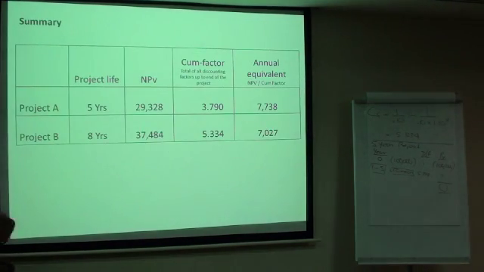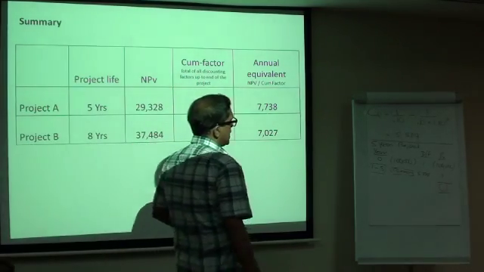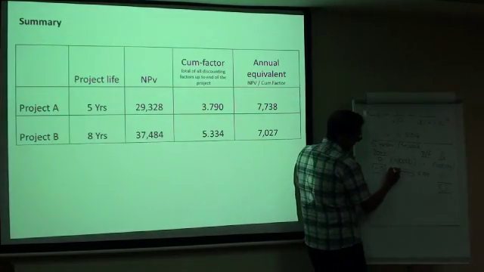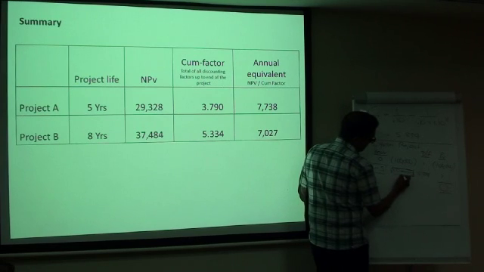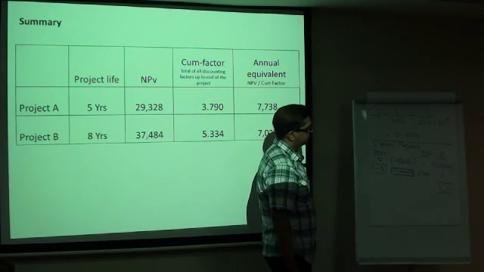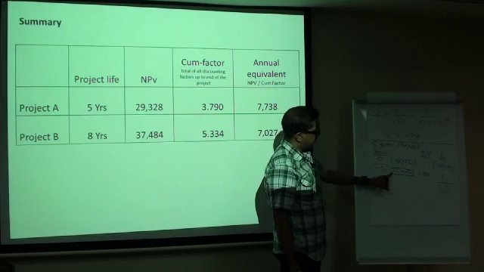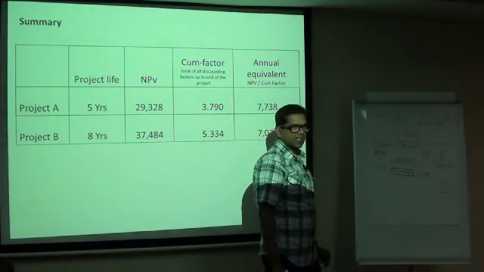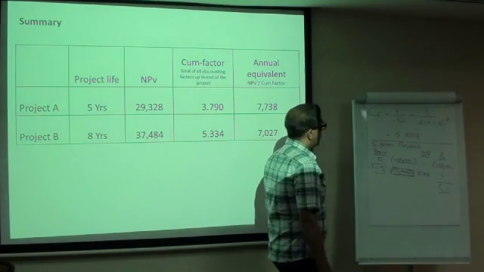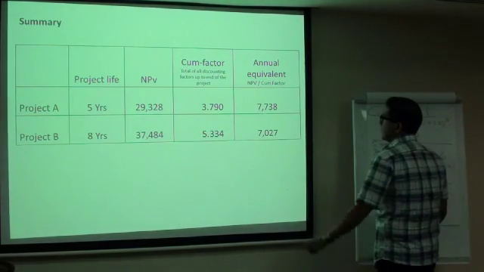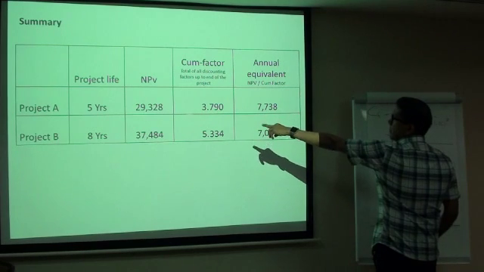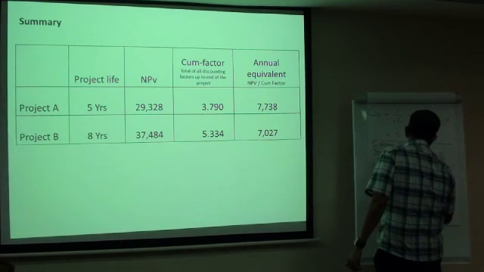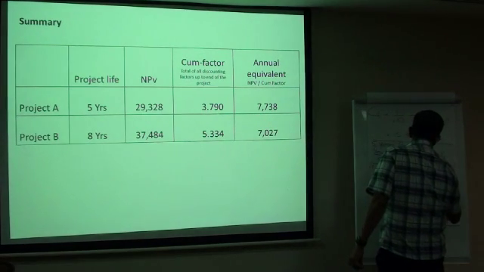Exactly my point. What we are trying to answer here is, if we take a common factor for 5 years at 5334, what common factor will give us 37,484 NPV.